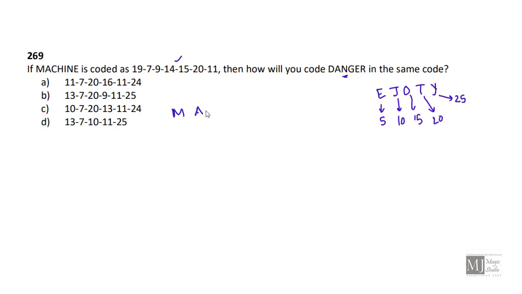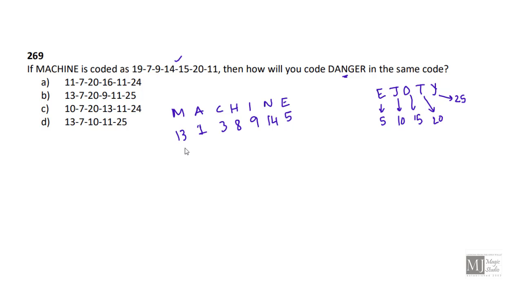So I have MACHINE. M is the 13th letter, A we know is the first one, C is 3rd, H is 8th, I is 9th, N is 14th, and E is the 5th letter in the English alphabet.